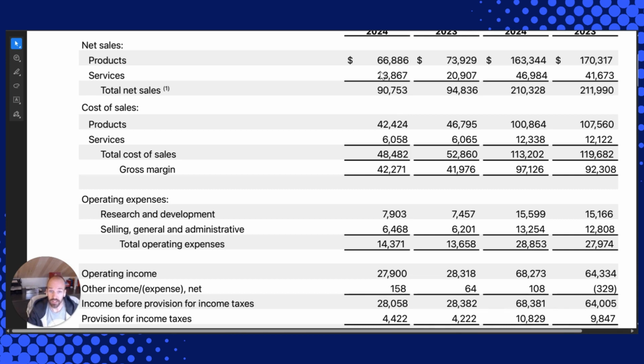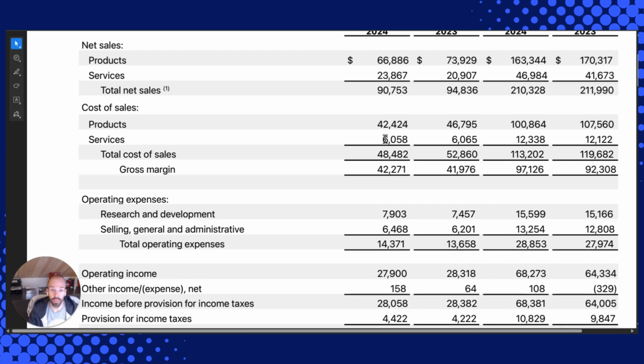Interestingly enough, you can see the difference here. On services, they make a lot more. So 23.9 billion of revenue from the services and 6.1 billion of cost. That means they're making gross margin from the services of $17.8 billion, which is actually a 74.6% margin. So over double what they're making on products.